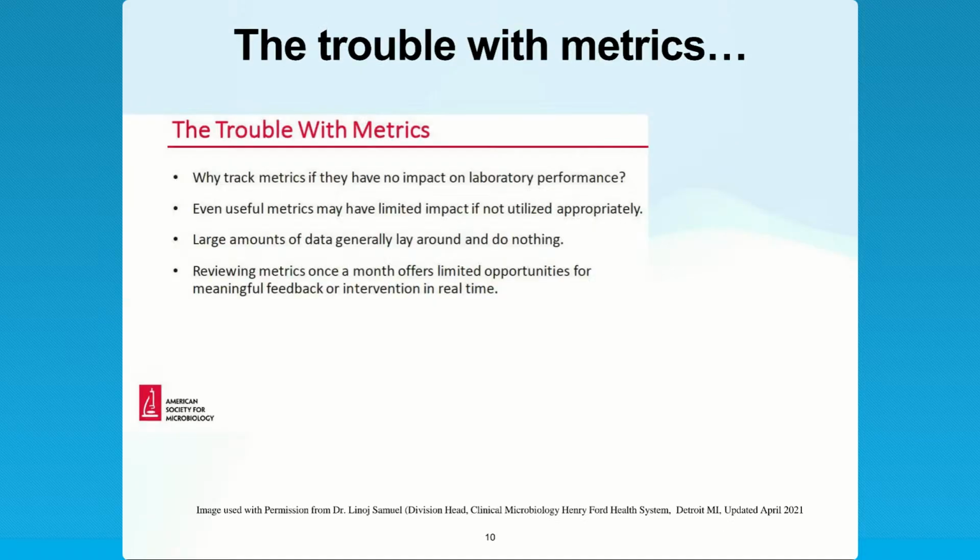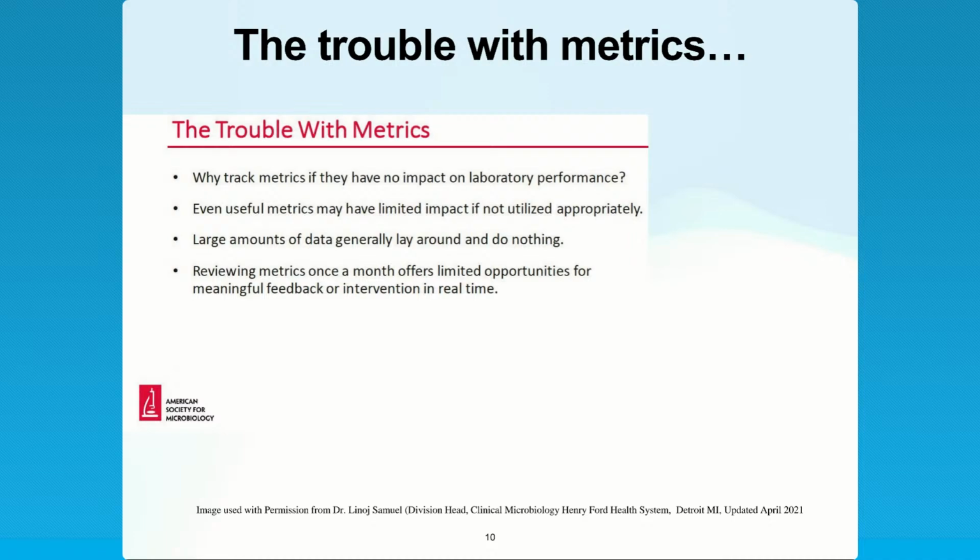And so the problem, though, with any sort of metric is you choose the metric, but that metric has to be grounded in something. It has to have some sort of impact on your environment. So if it's laboratory performance, if it's clinical outcomes, it needs to have something.